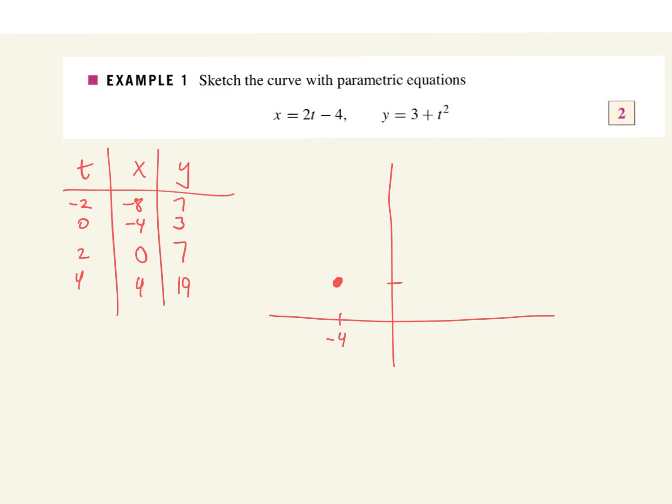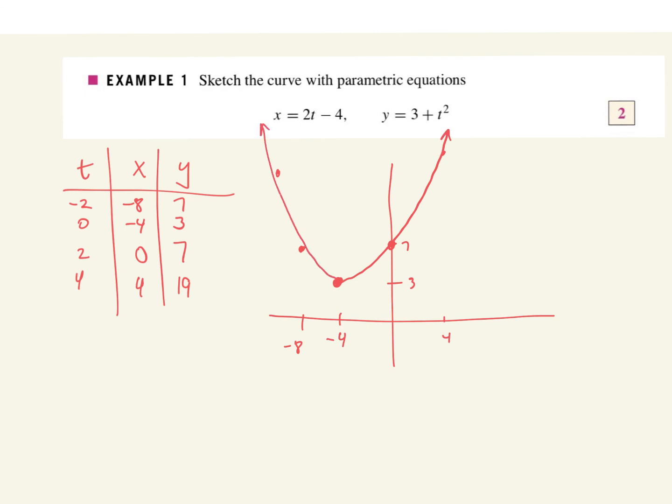Then to the left and to the right of that, I have -8 and I have 0, both happening at 7. And then I only had one other point, but obviously I have that mirror image happening over here at 19.